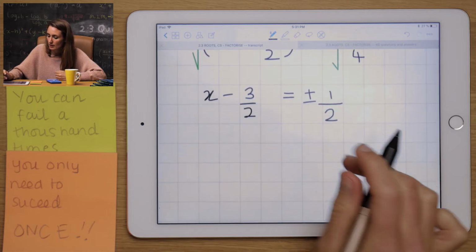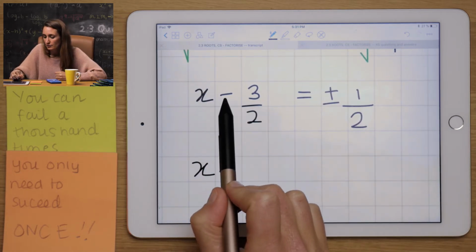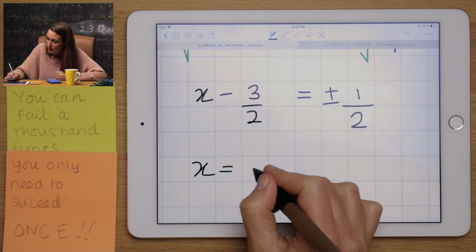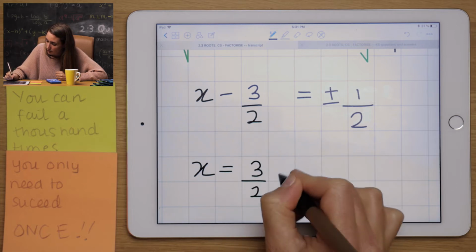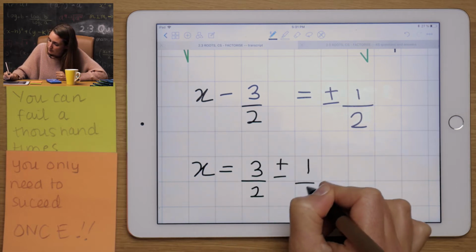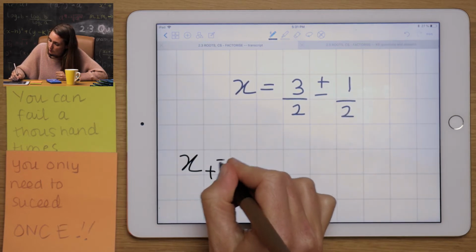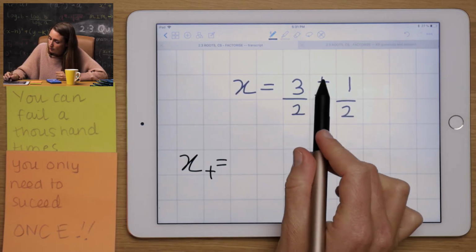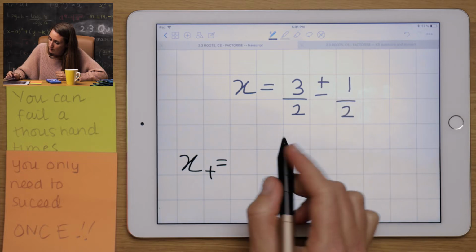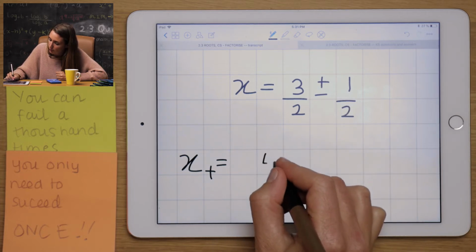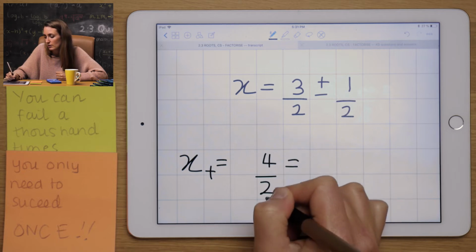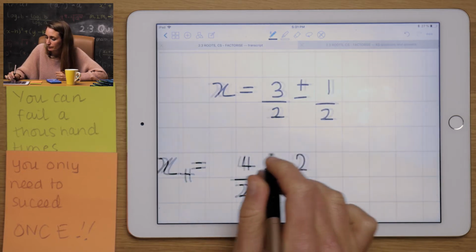plus or minus. To finish up, we're going to have to put the minus 3 over 2 to the other side, and it will be plus 3 over 2. And then we have plus minus a half. In this situation, the x plus will be 3 plus 1 over 2, so it will be 4 over 2, which is 2.